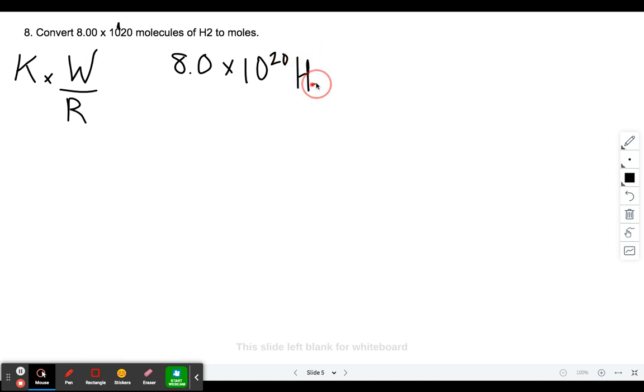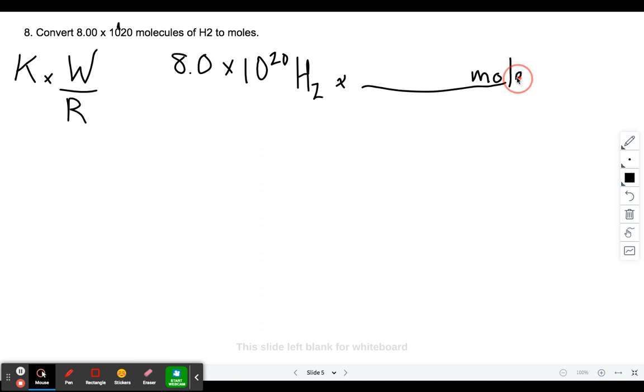And what do I want? I want to convert this to moles. So moles is going to go on top. And then I got to get rid of something. Whatever I start with is what I want to get rid of.